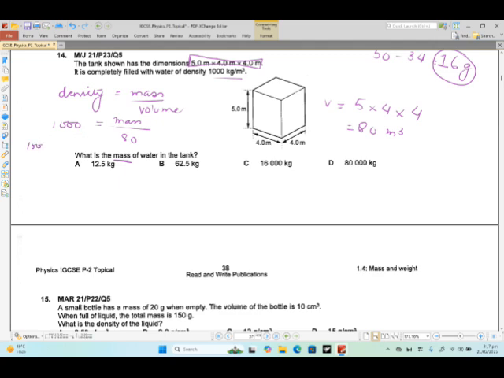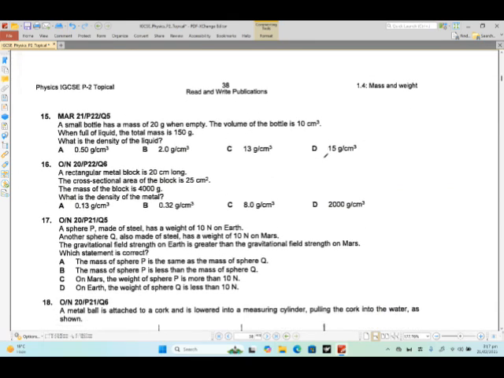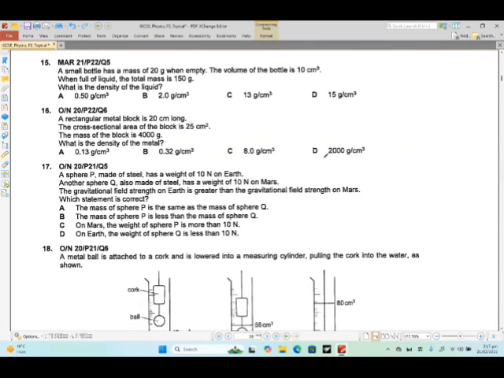So 1000 into 80 is going to give you 80,000 kgs to be the mass, and it's our option D. Okay, moving on to the next question.